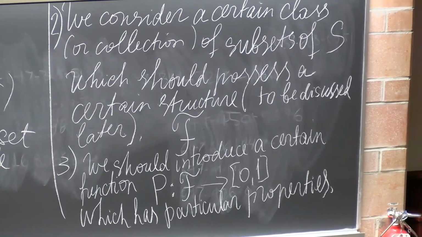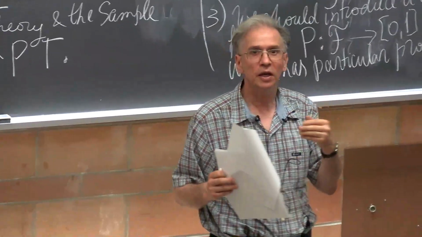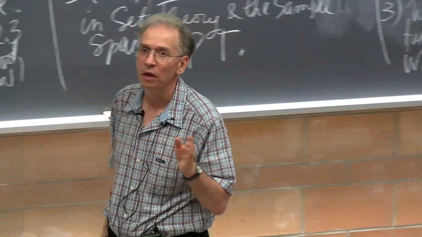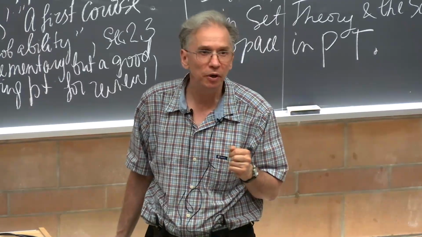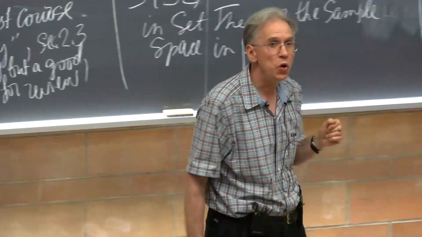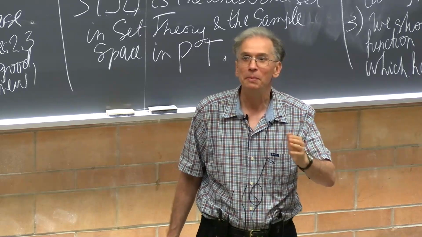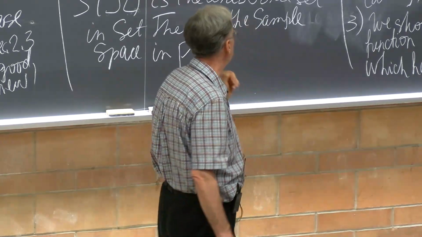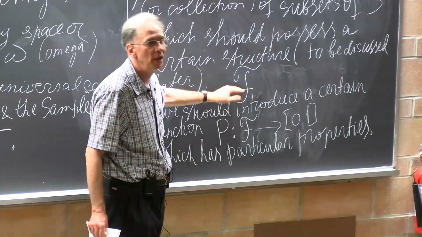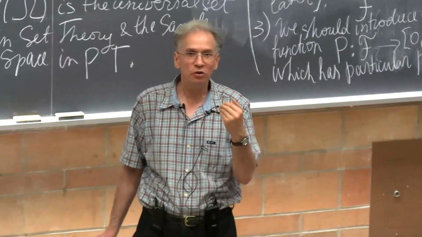So there should always be three things to be considered. It's a universal approach to tackle all the problems of probability theory. For each probability model, we are to determine three things: the sample space, the set of events script F, and a certain function on the sets.